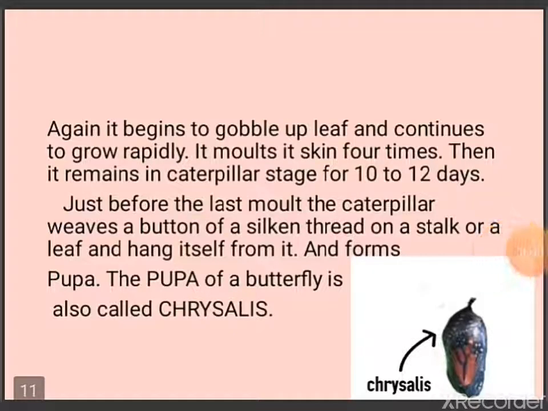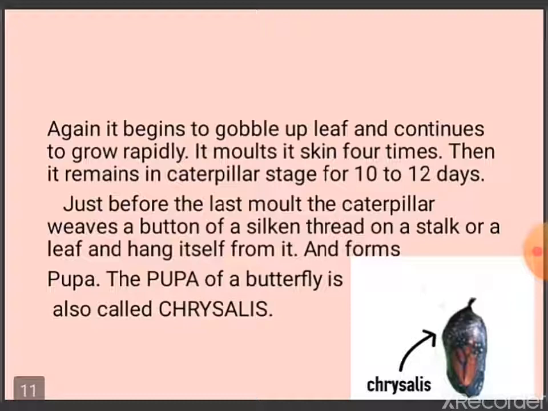Again, the caterpillar begins to gobble up the leaves and continues to grow rapidly. In 2 or 3 days, it molts a second time. In this way, it molts 4 times. It remains in the caterpillar stage for 10 to 12 days.